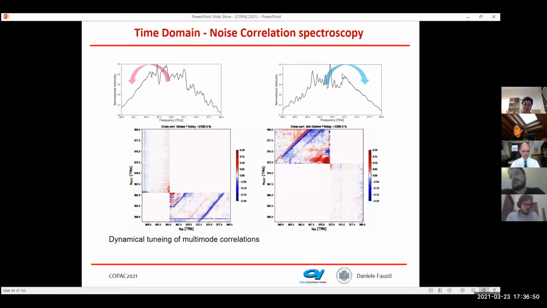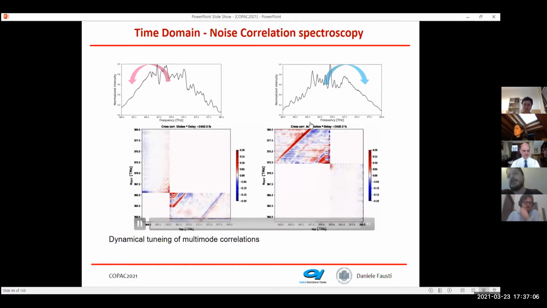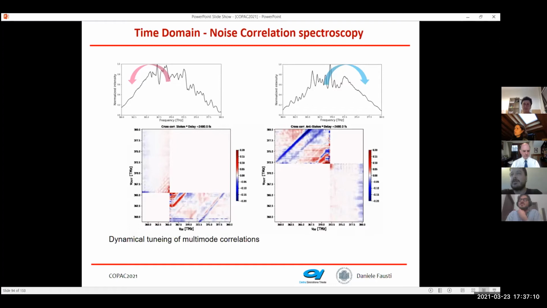For the same experiment, if you leave the coherent part at high energy, you can select processes which actually exchange energy from low frequency to high frequency, and you get correlations only in the part where the frequency out is larger than the frequency in. This is cross correlation, not autocorrelation, of course, because it's not symmetric.